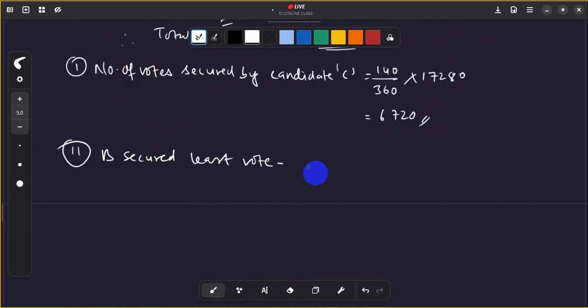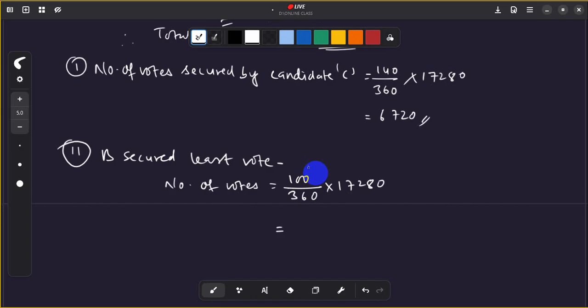And secondly, it has asked us to find the number of votes also. So the number of votes equals 100 divided by 360 times 17,280, which is the total number of votes.